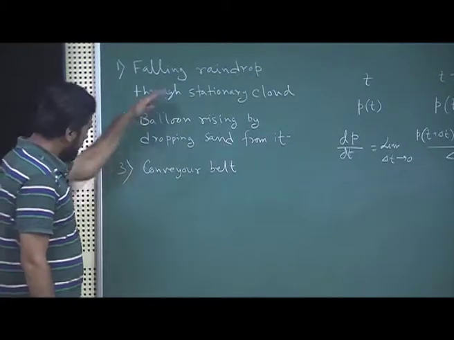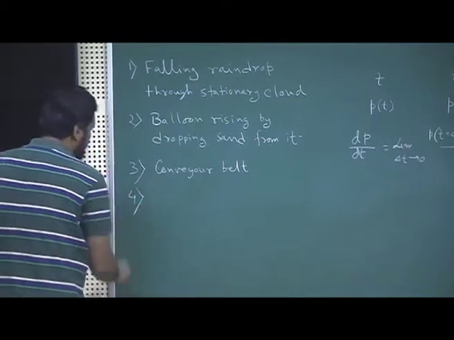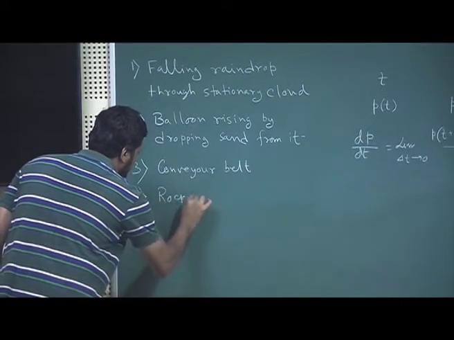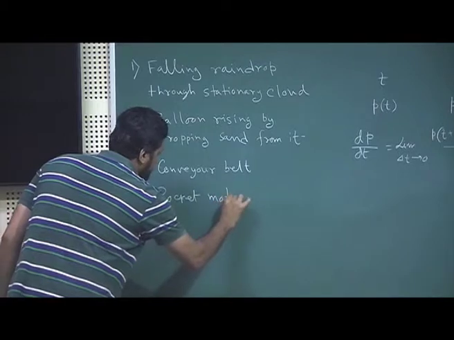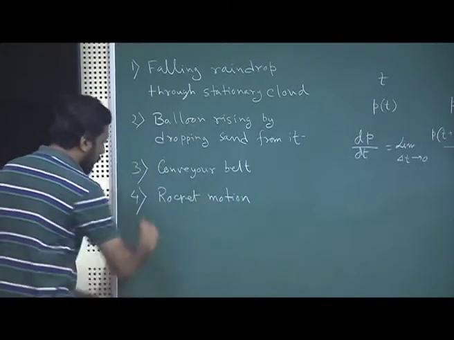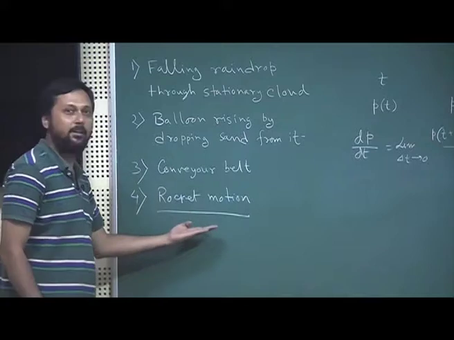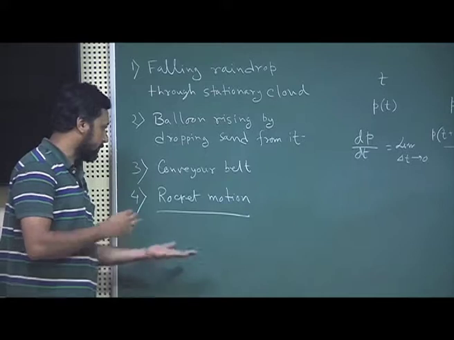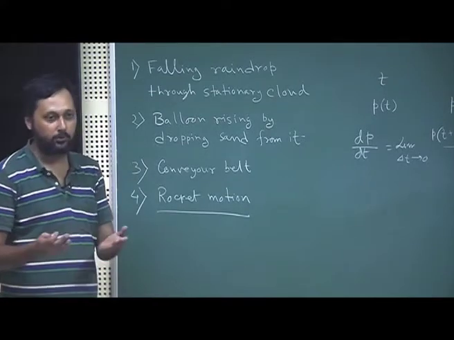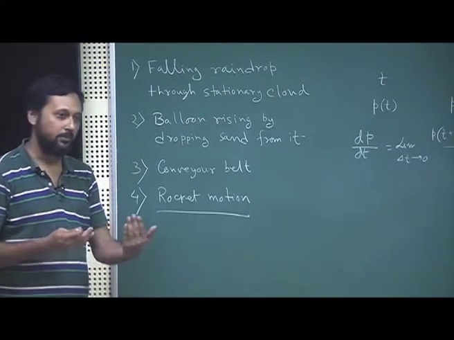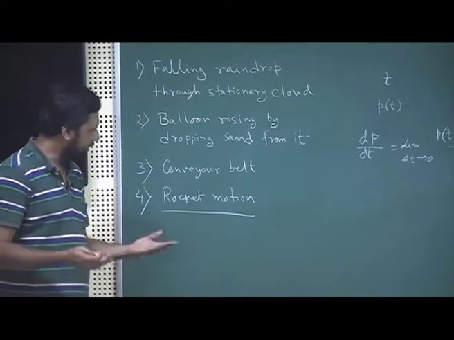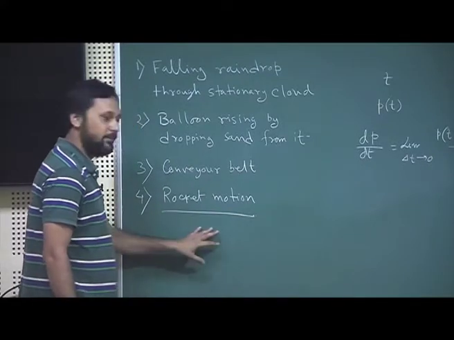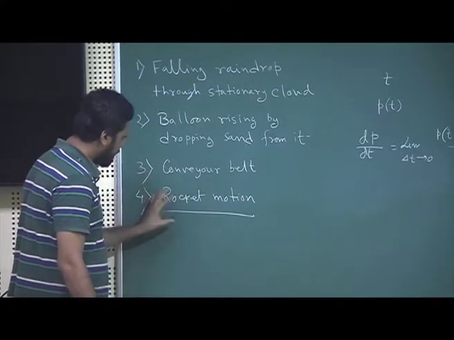And the fourth and probably the most important system which we are going to study is rocket motion. Now, rocket motion is a rather elaborate treatment, because here we have to first establish the equation of motion, then we have to study the cases with and without gravity in detail, and there are many outcomes that will come out once we solve the equation. We will see many interesting things. So, we will keep this for the last.